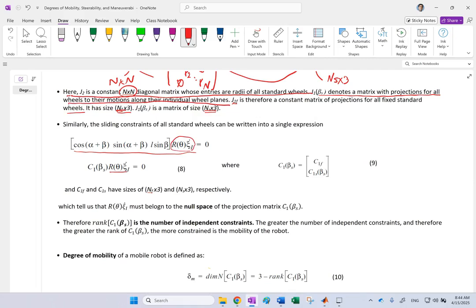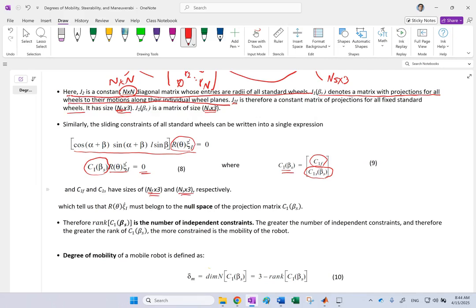You can aggregate them for fixed wheels and steerable wheels and combine them into this projection matrix C1 of beta S. And C1 again has a constant submatrix for fixed wheels, and a time variable one for steerable wheels. So that's the same thing. Now this right hand side is equal to 0, and the dimensions for C1F and C1S are again NF by 3 and NS by 3.